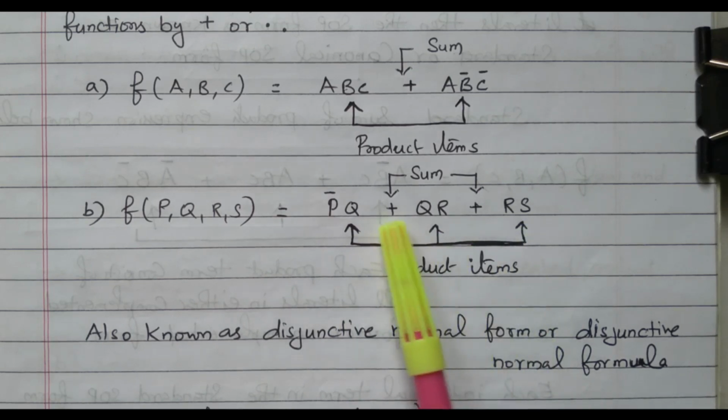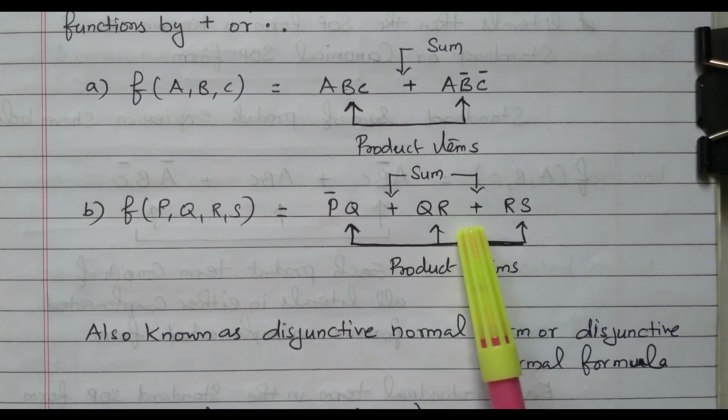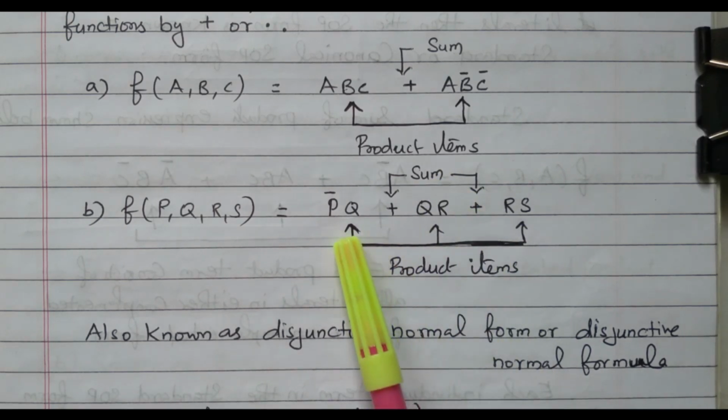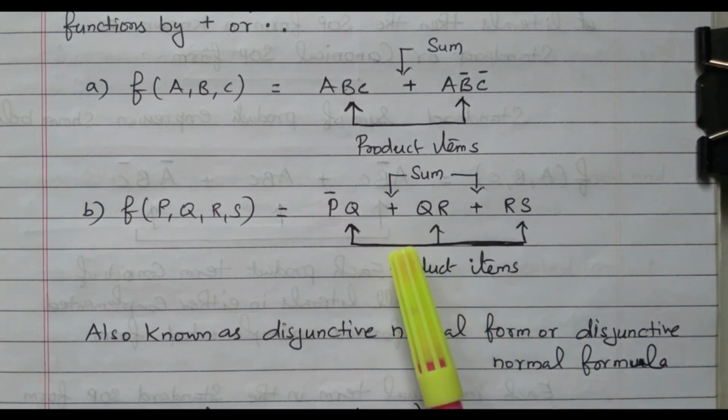These three product terms are added together, summed together. So it is called a sum of product form, also known as disjunctive normal form or disjunctive normal formula. Here product terms are added together.